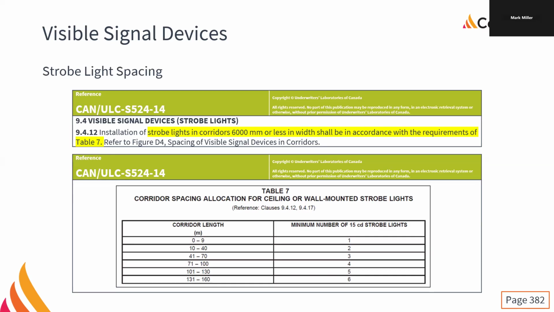And we almost always use 15 candela because they get mounted on the walls. And if you have it set too bright, it can just be too intense in certain areas. So we're better to have it at a lower candela and not spread out quite as far. But we can still go quite a distance.